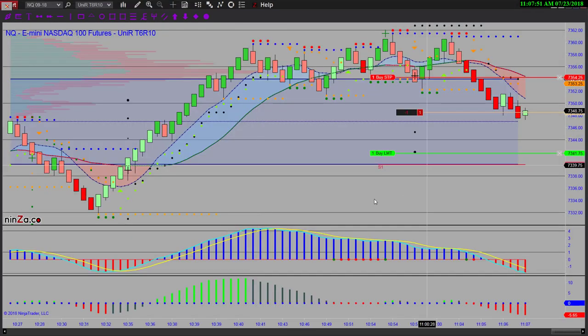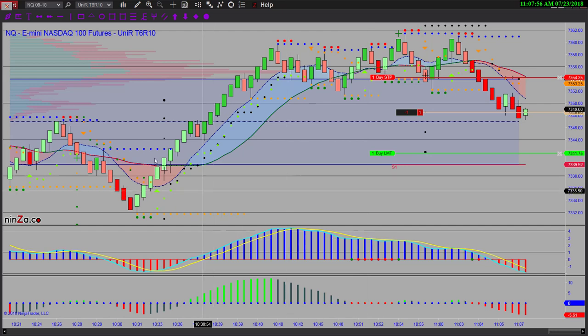Oh, you guys can't see it. This level right about here, 47. So we just kind of let it play itself out. Our momentum is still going down, a little less so.